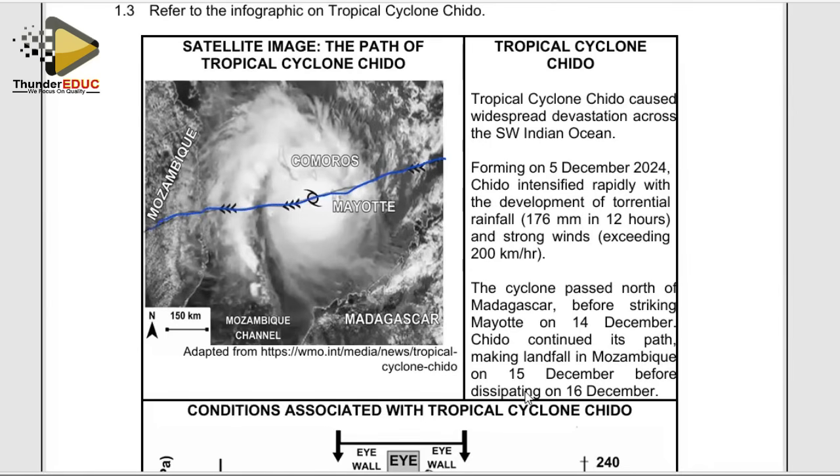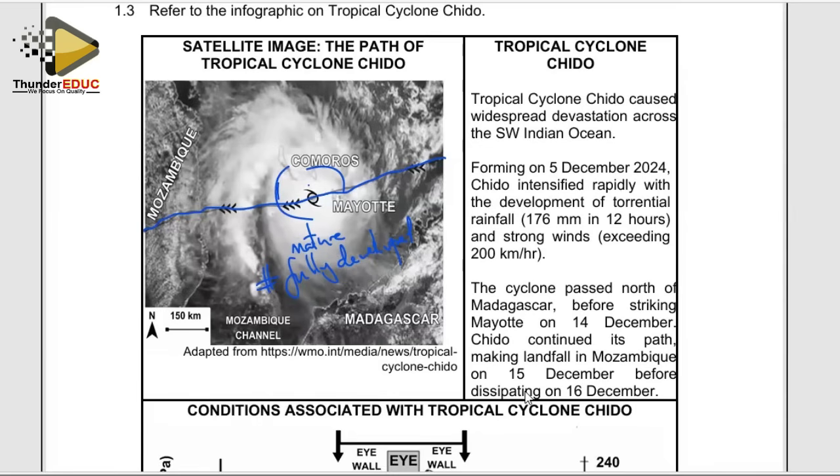It followed that path into Mozambique. It also shows the development stage, which means it has reached maturity. It is mature. Why? This is the eye of the system, which is fully developed. So it actually shows that it reached the maturity stage of its development.